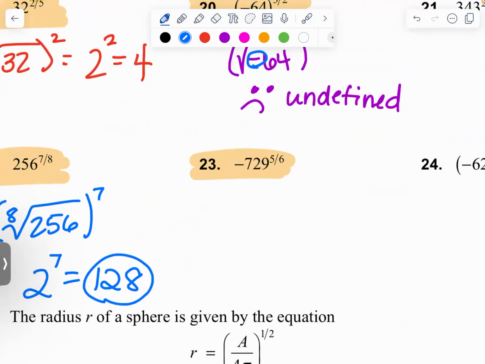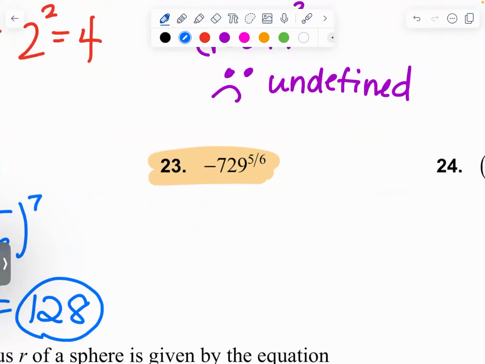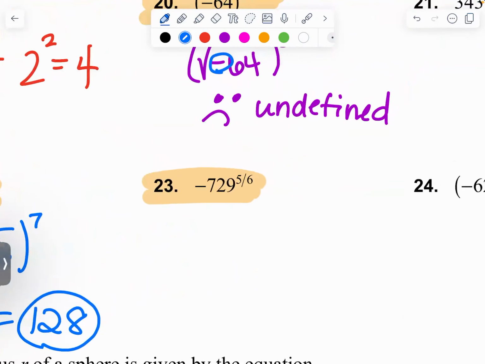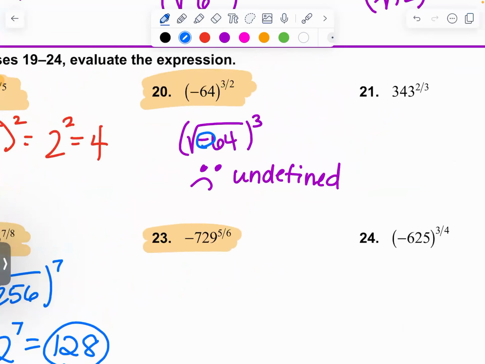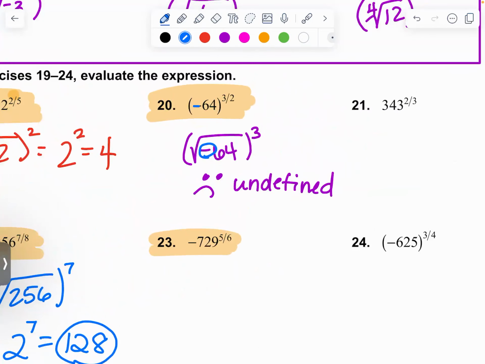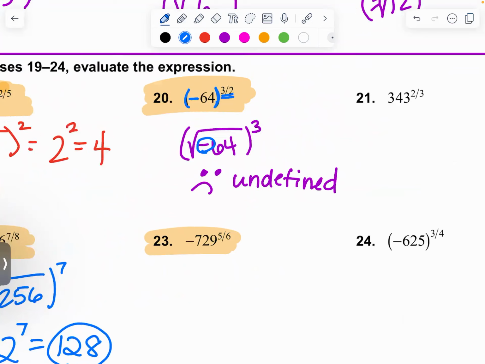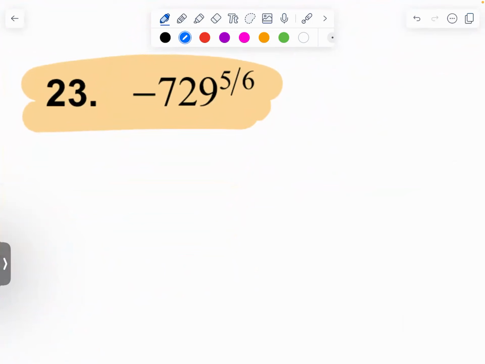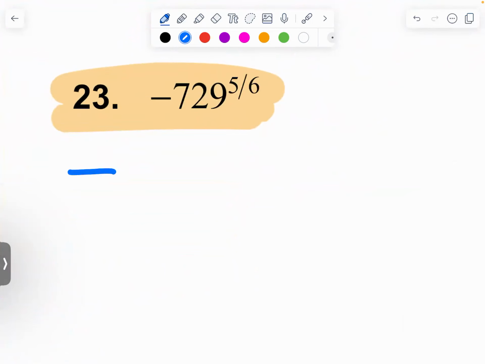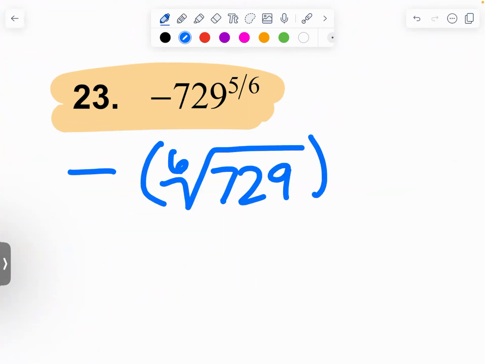Okay. Now, I would like to point out a big difference between 20 and 23. Do you notice how the negative is with the number in parentheses and then there's the exponent? Is this negative in parentheses? No, so this is negative the 6th root of 729 to the 5th.